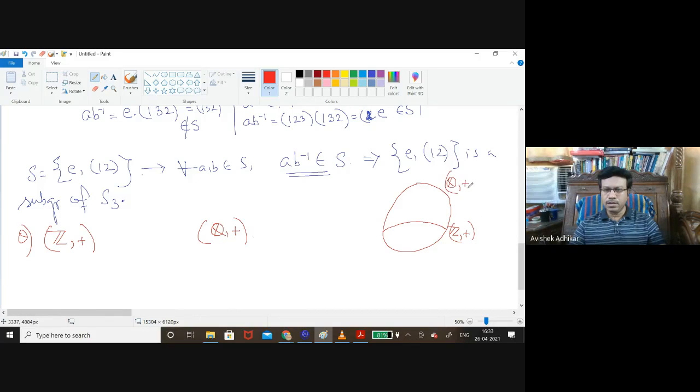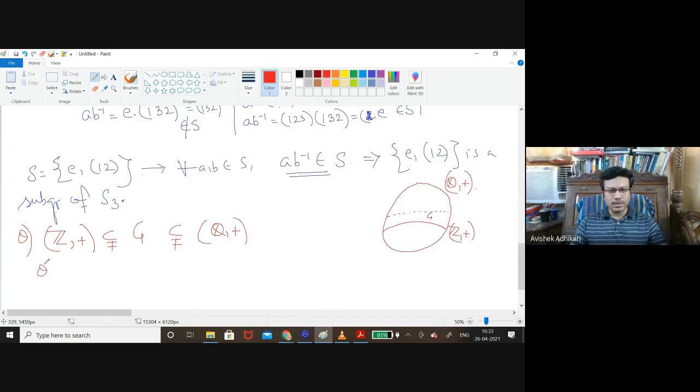Now, is there any subgroup G which is properly contained, which lies in between? That means, can you find some G which lies exactly within these two groups? Is it possible or is it not possible?